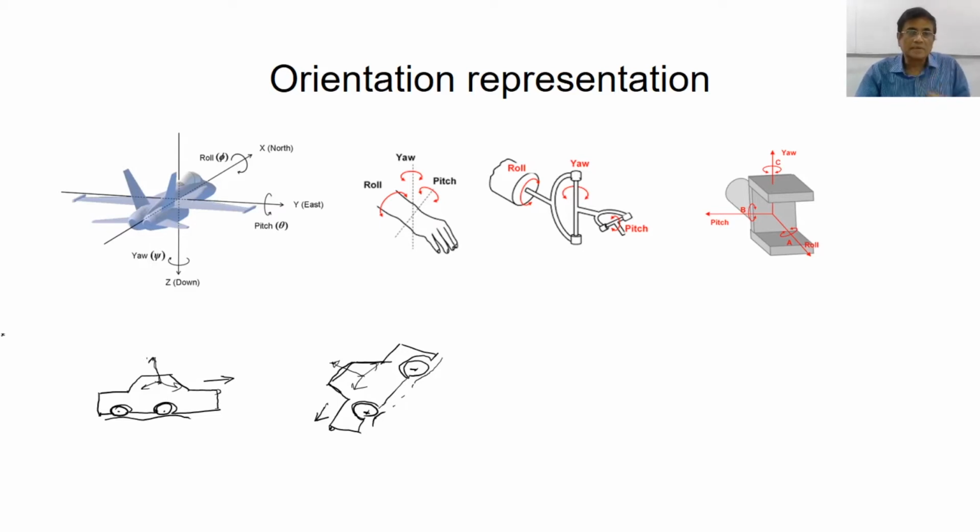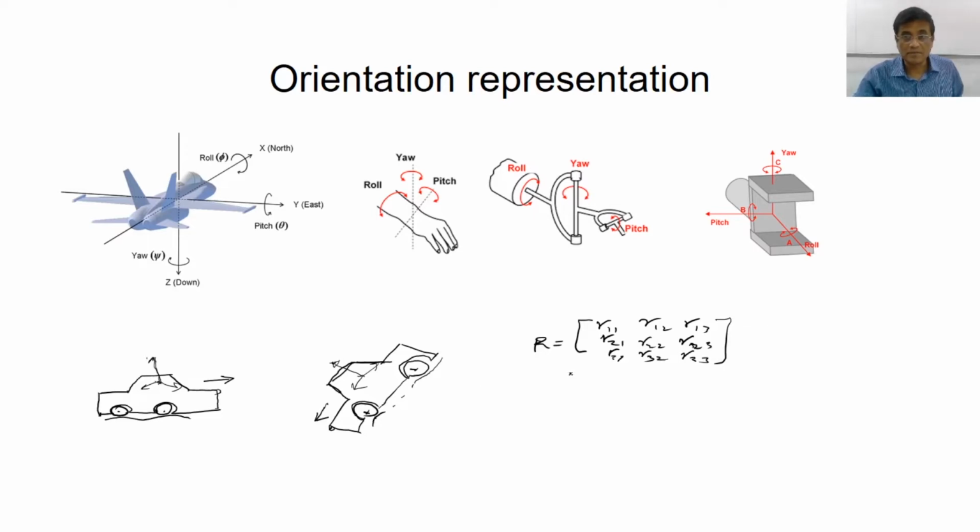You know that orientation can be represented in the form of a 3 by 3 rotation matrix, and that 3 by 3 rotation matrix has how many elements? 2 1, 2 2, 2 3, or 3 1, 3 2, 3 3. That means there are 9 elements.